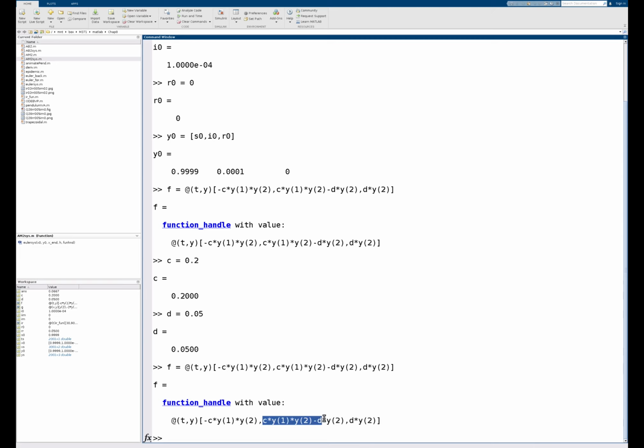And then the rate at which the infectious are growing is similar, except we subtract off the number who are recovering, and then the people who have recovered grows only by infectious people, which is Y2, the second component of Y, recovering. Okay, so that's F. Let's see, have I got everything in place here?